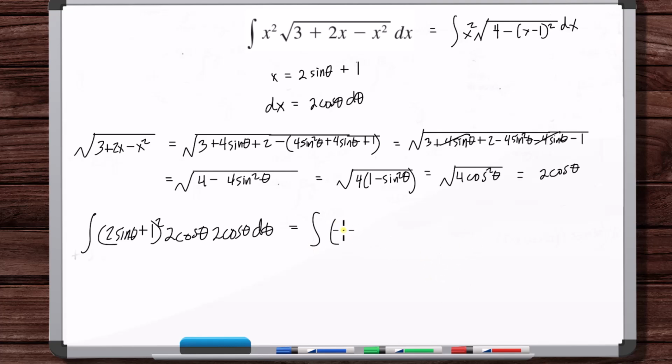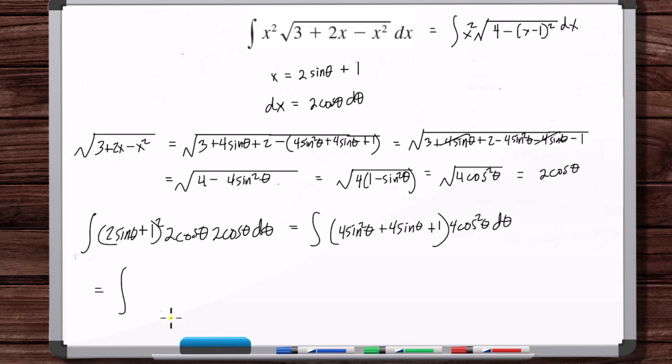So we've got 2 sine theta plus 1 squared, which is 4 sine squared theta plus 4 sine theta plus 1, and then 4 cosine squared theta d theta.